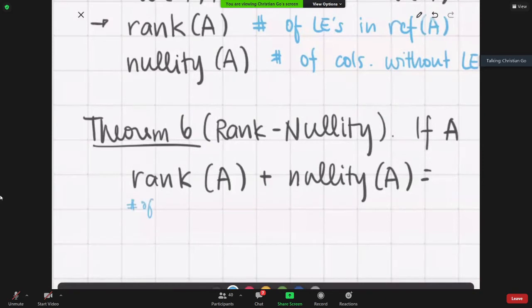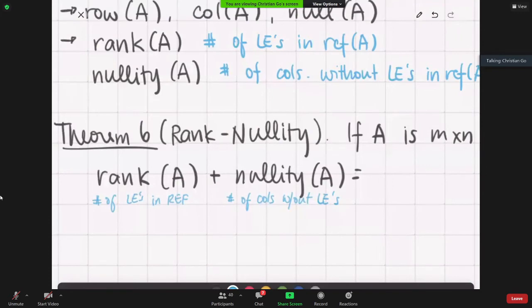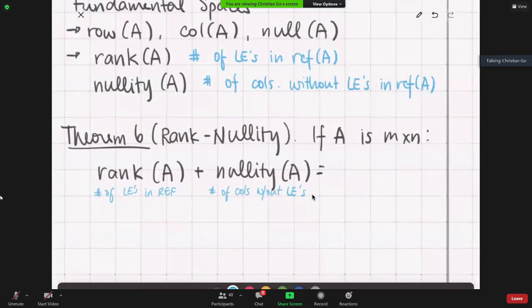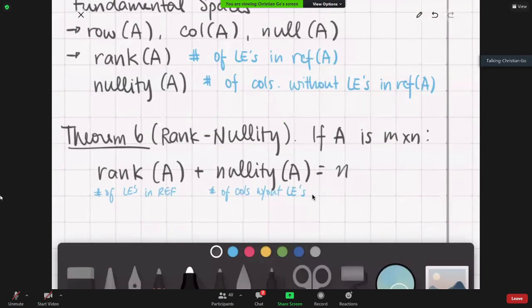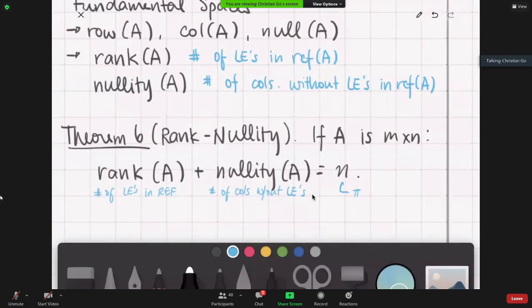The number of leading entries in a row echelon form. Nullity, I'm counting the number of columns without leading entries in row echelon form. The number of leading entries plus the number of columns without leading entries is the total number of columns. So if A is an m by n matrix, the rank of A plus the nullity of A is just n. That is to say, the sum is the total number of columns.